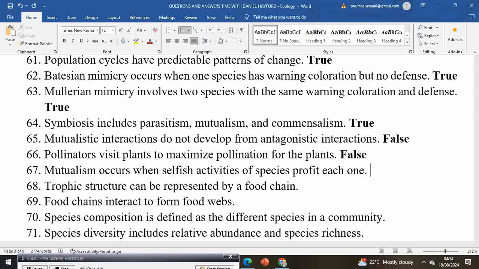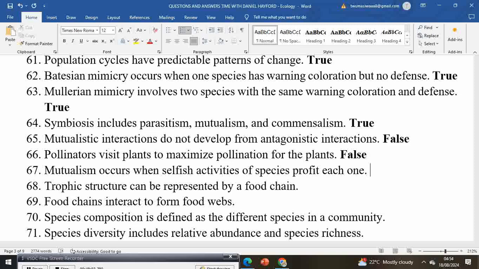Now, question number 67. Mutualism occurs when selfish activities of species profit each other. Yes, so can you associate mutualism with selfishness? The truth is that no living organism is absolutely altruistic in nature.